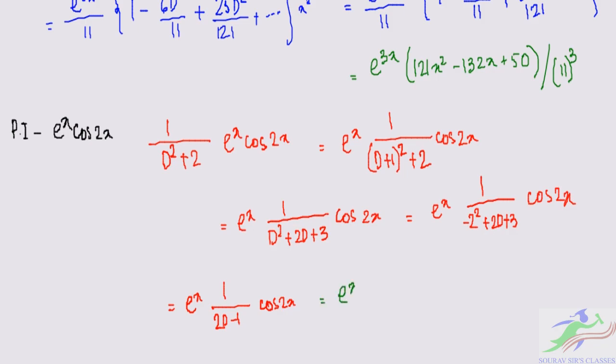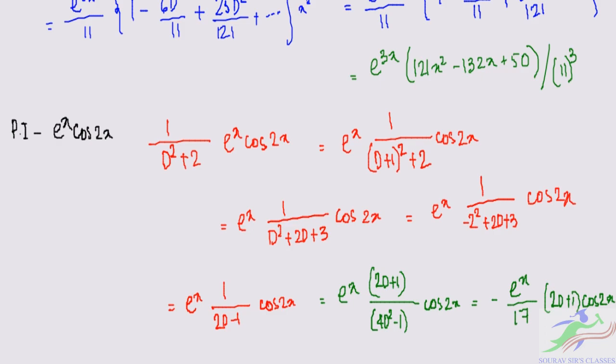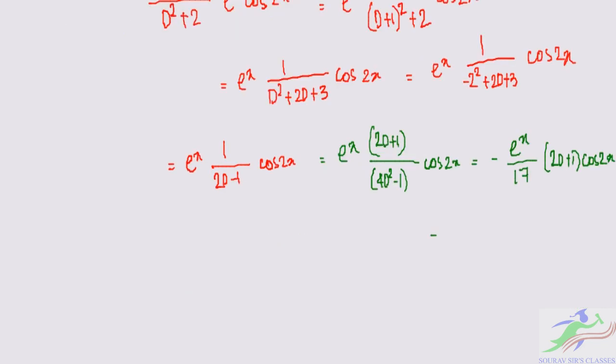If we multiply 2D + 1 on both numerator and denominator, it will be (2D + 1)/(4D² - 1) cos 2x. Now in D² we write -2², which will be -16, so that is e^x/(-17) (2D + 1) cos 2x. So we can write this as -e^x/17 times (2D + 1) cos 2x, which is -4 sin 2x + cos 2x.